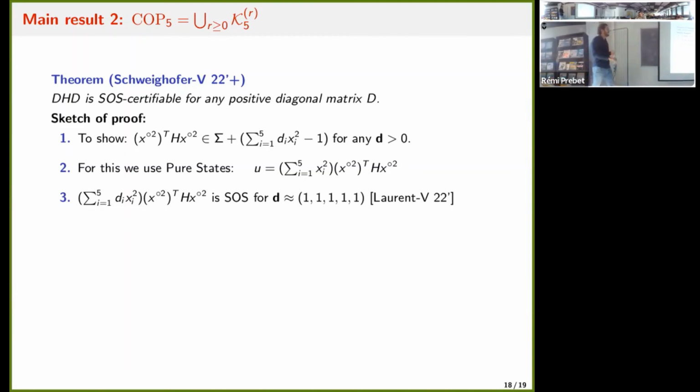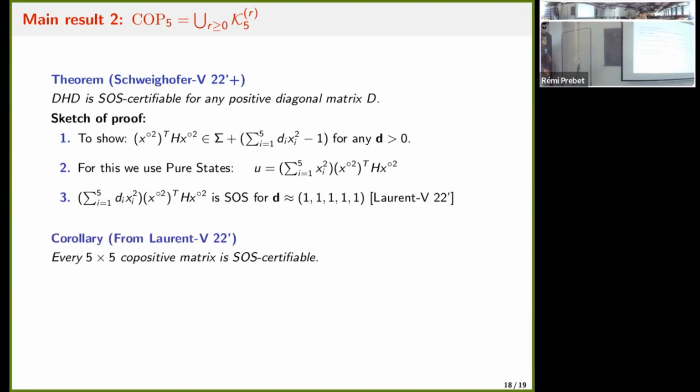It's a little bit of a coincidence. For the certificates showing that the Horn matrix is copositive, we can use another multiplier. If we use not just the sum of the squares of the variables, but multipliers with d_i, with some condition on d, when d is close to the vector of ones, it's a sum of squares.